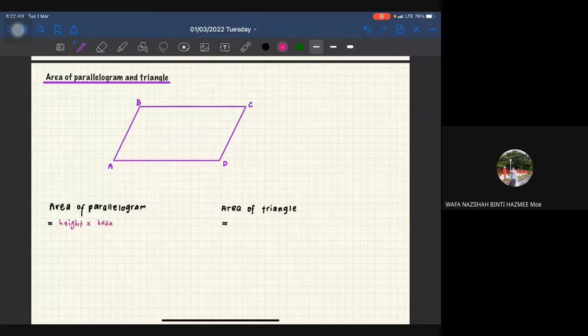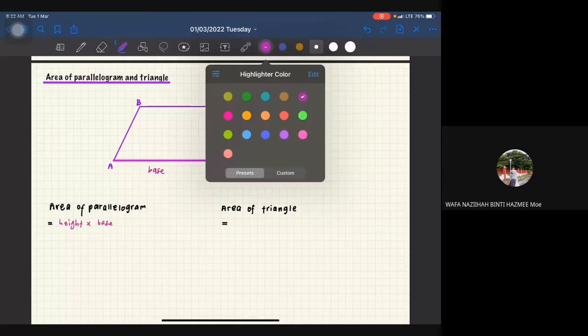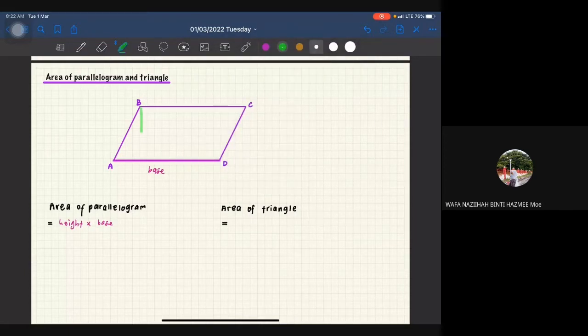Base dia adalah yang ini. This is our base. Saya tulis dekat sini base kita. Okay, and then kita punya ketinggian dia adalah yang tegak ni lah. This is the height.